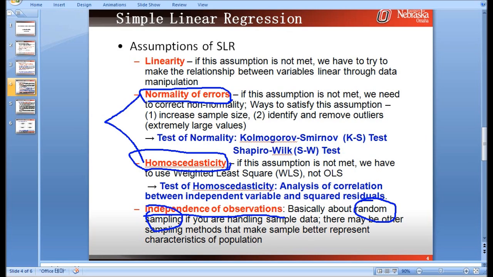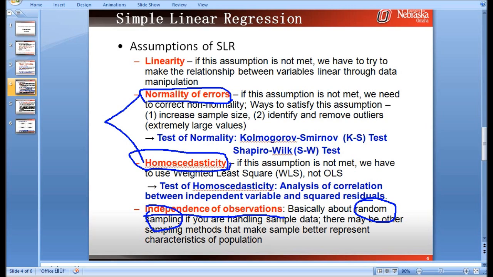Okay. If we are handling sample data, we have to make sure our data is from random sampling. Random sampling is basically about data collection, so there is nothing we can do at this moment of data analysis.